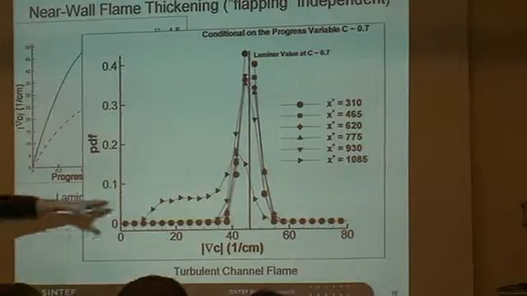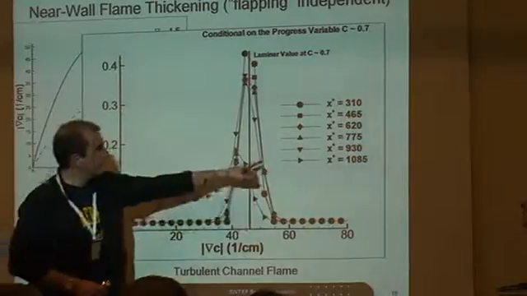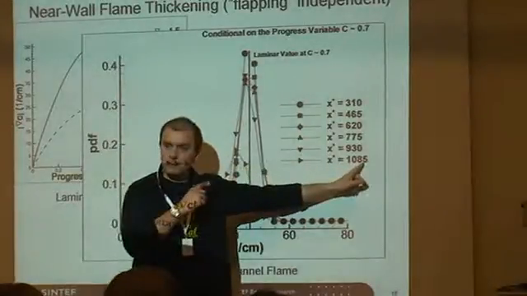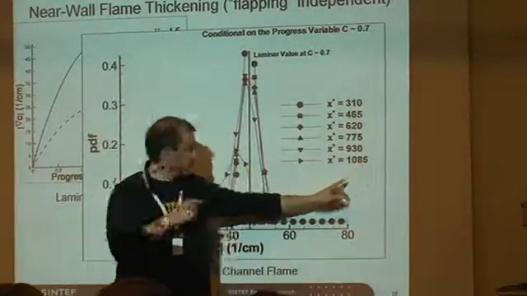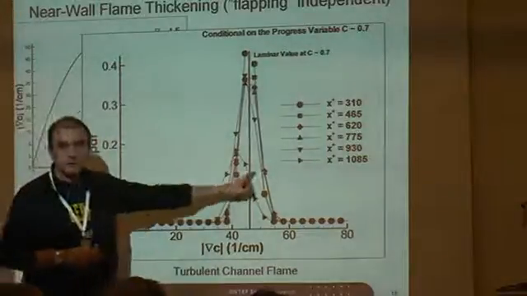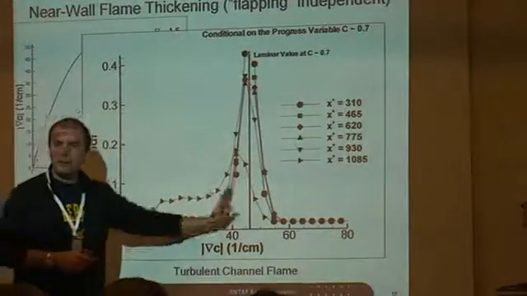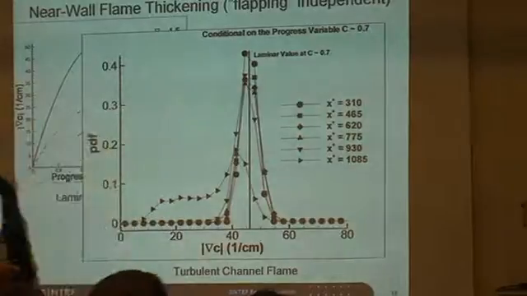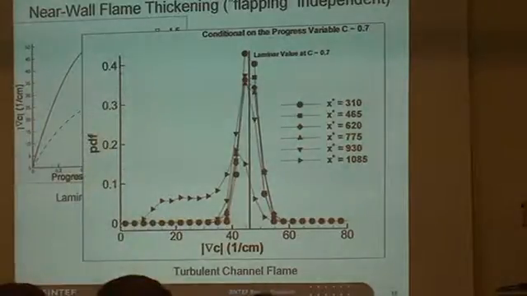Well, this number here is near the location, you remember, where there was the maximum volume flux. And look at how wide it is. So there are many thicknesses here. Okay.